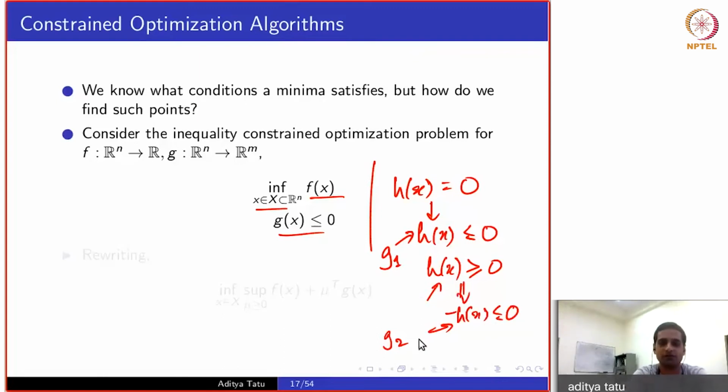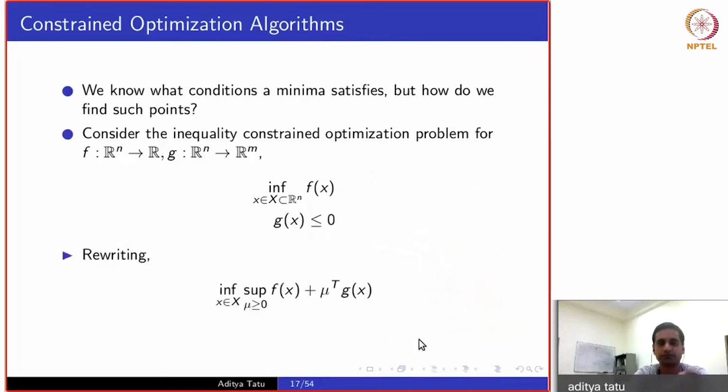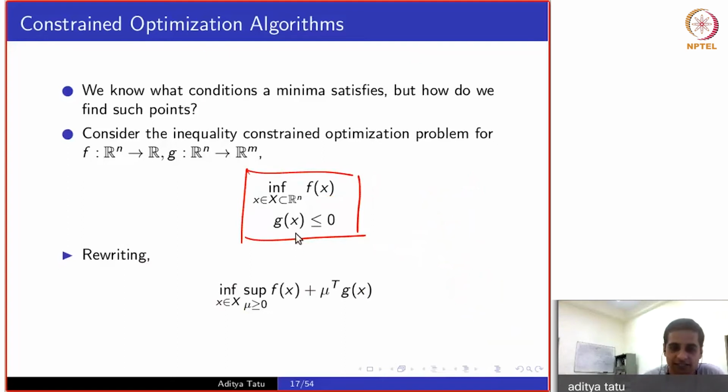So this is the problem. I want to minimize f(x) such that g(x) is less than or equal to 0. Now, let me rewrite this optimization problem in a slightly different way. This is what we started with. Let's try to see how we can get this. So let's look at only the first part.